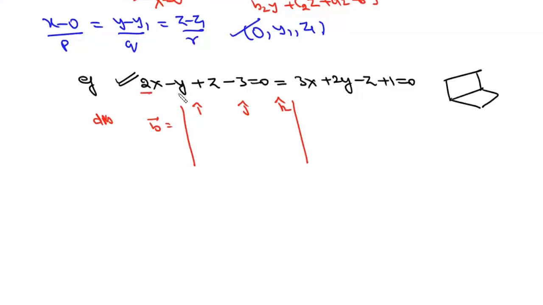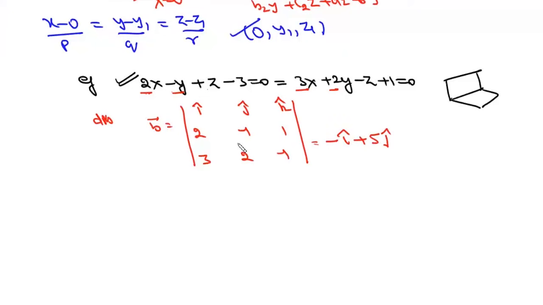ijk. Now direction ratios of this normal are 2, minus 1, 1. And here direction ratios are 3, 2 and minus 1. Now we solve this determinant. We'll get this as 1 minus 2, so it'll be minus i, and then it'll be minus 2 minus 3, that is minus 5, so plus 5j.